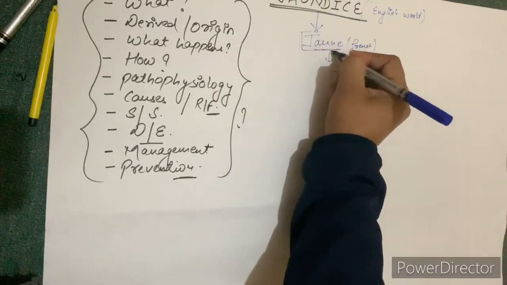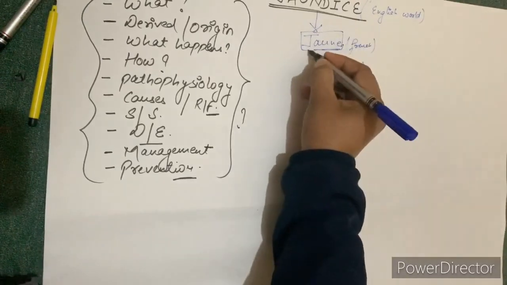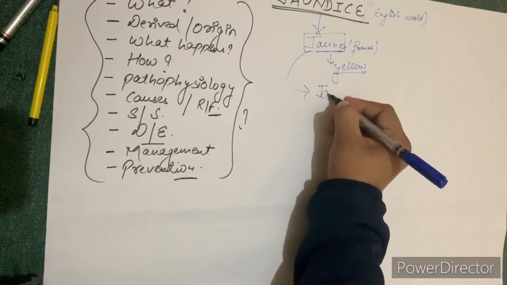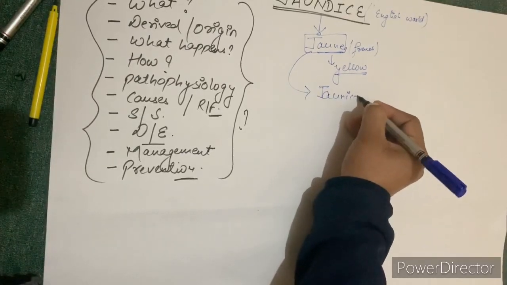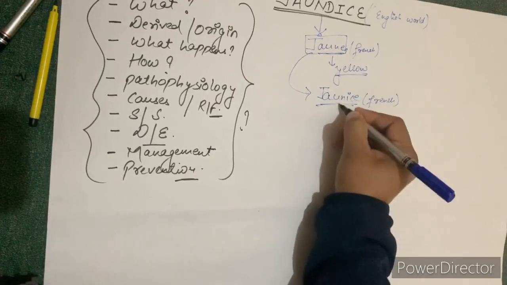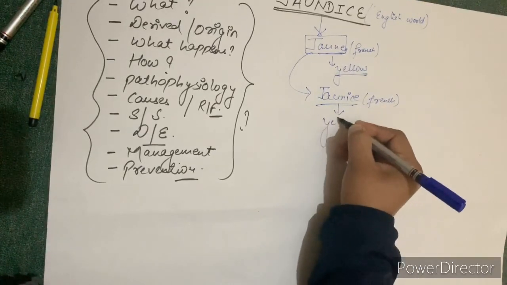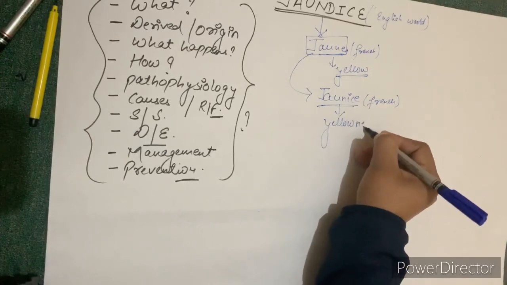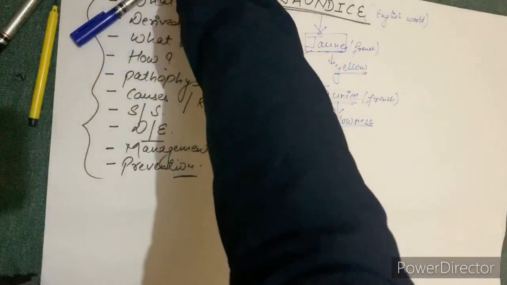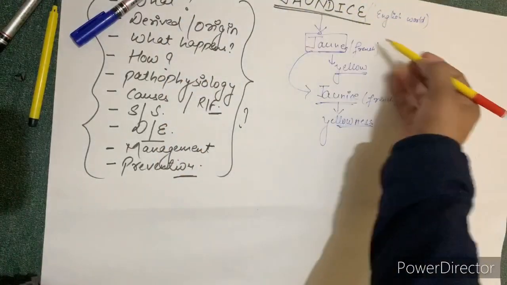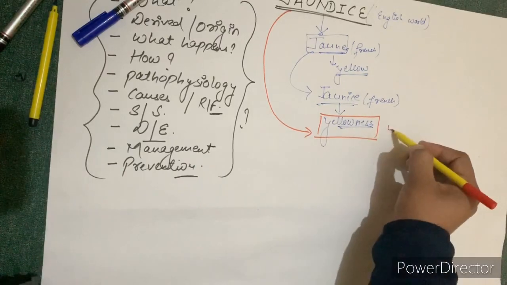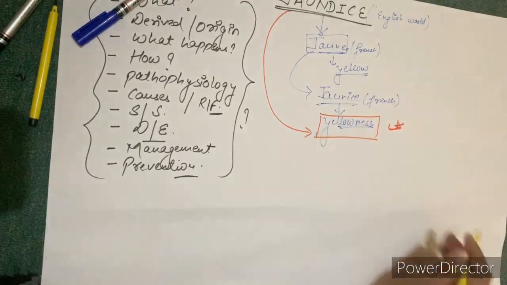And this word jaunir is also taken from another French word, jaundice, which means yellowness. This jaundice means yellowness. From here we get an idea that in jaundice, yellowness occurs.